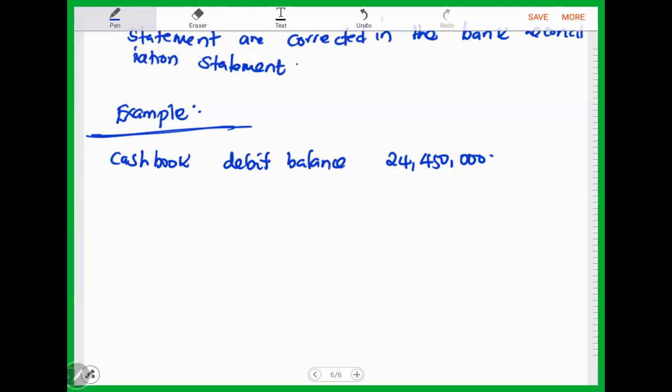Next, number 6. A check for shillings 12 million in payment for motor vehicle insurance had mistakenly been entered in the cash book as a debit and posted to the credit of the motor vehicles account.